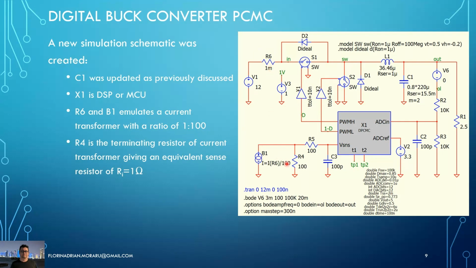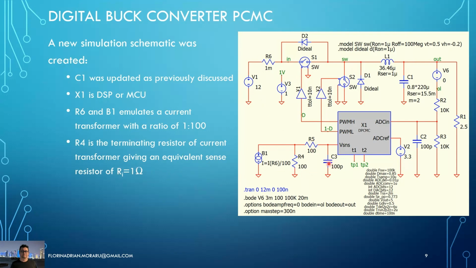And then R4 is a terminating resistor. We are terminating over 100 ohms, so actually the total gain is 1. So the equivalent sense resistor we have here is 1 ohm, as we intended.